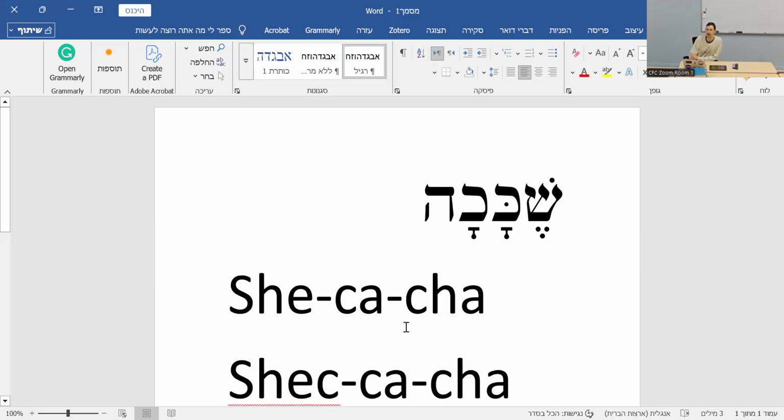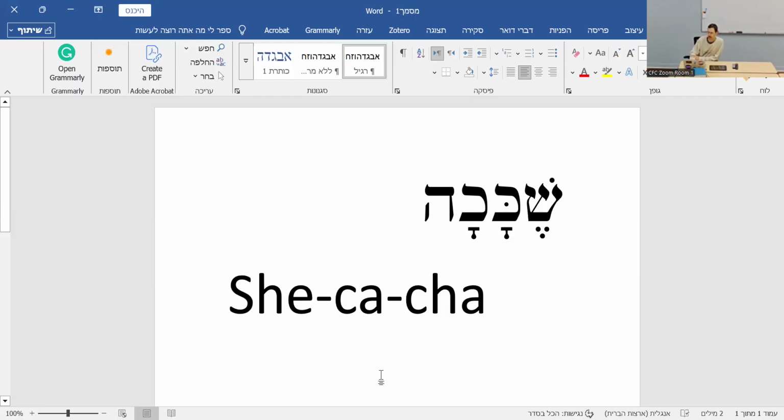What we're looking for is the analysis of what is going on. But I would say that this is probably correct, and the dagesh here is because it begins a syllable.